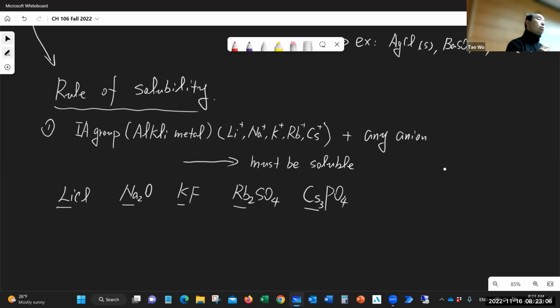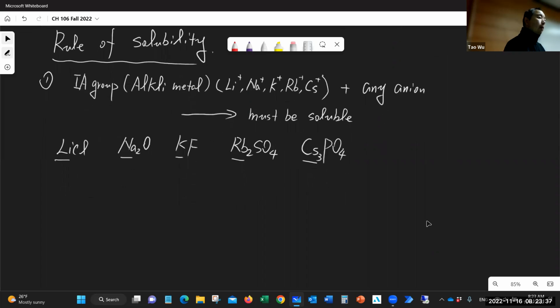So as long as you see compounds containing the 1A group cation, then definitely this compound will be able to dissolve in the water. It's soluble. So those are all soluble. This is rule number one. It's pretty straightforward, right? Just based on the formula, you can figure out which one is soluble.